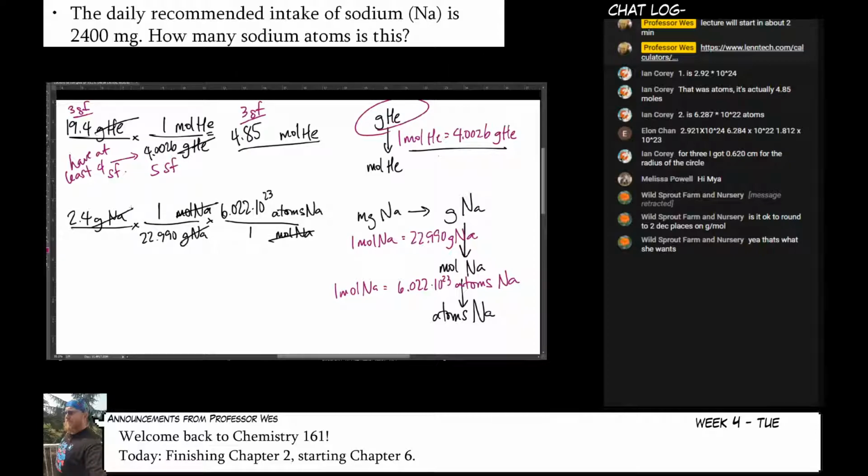I didn't cancel my units out, but there you go. I'm not sure how sarcastic she is about it. I know that Samhita is a very sarcastic individual because she and I are very similar, it turns out.